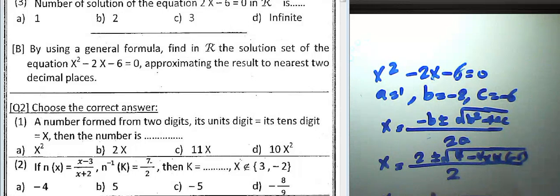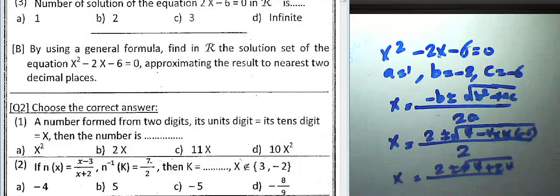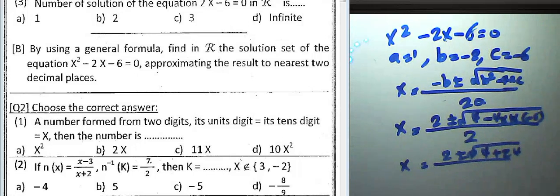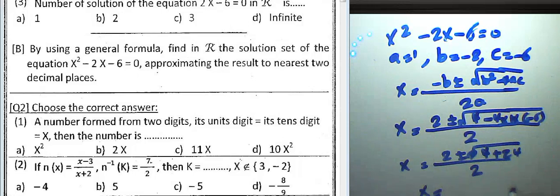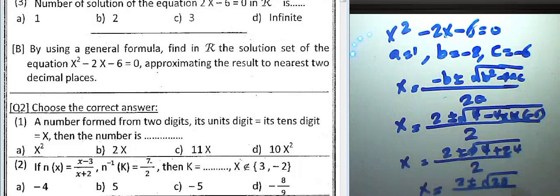Then x equals 2 positive or negative square root of 4 plus 4 times 6 equals 24, over 2. x will be equal to 2 positive or negative square root of 28, over 2.